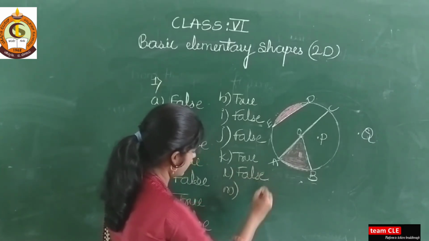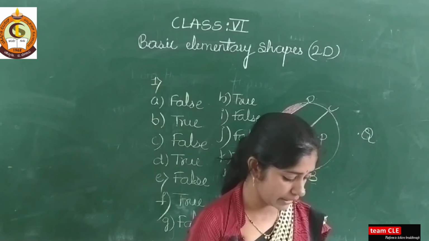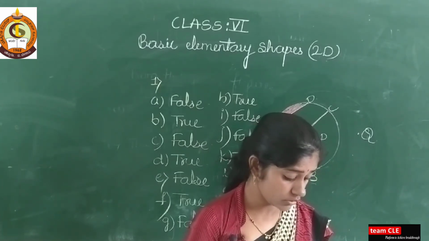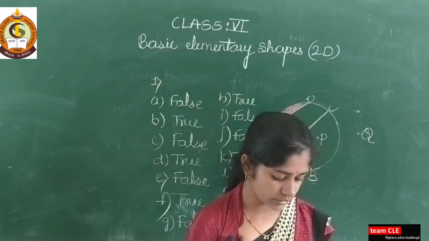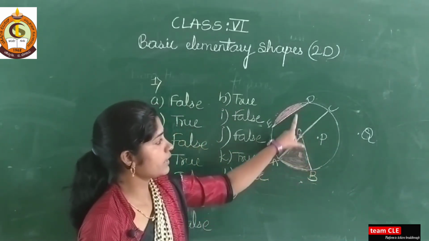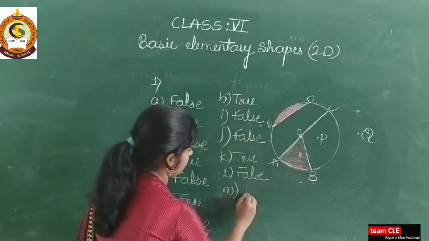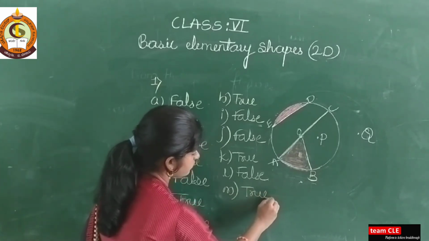Next, one more. M. A circle is made up of many points that are equidistant from a fixed point called the center. Yes, the center is fixed and the circle consists of so many points. Therefore, the statement is true.